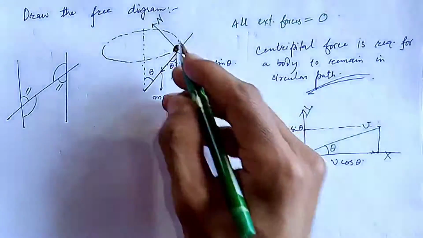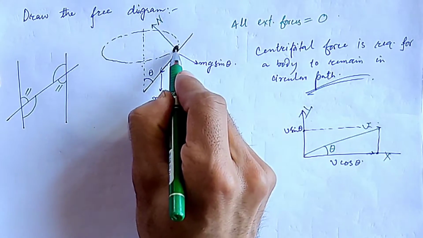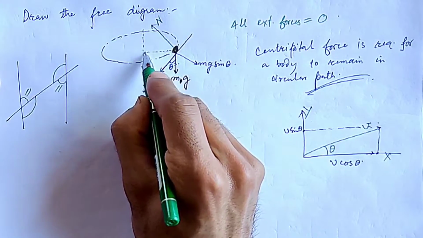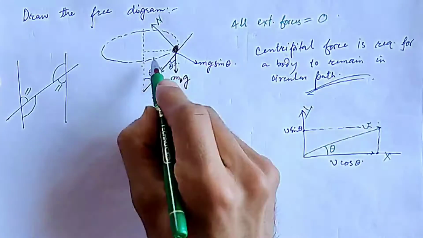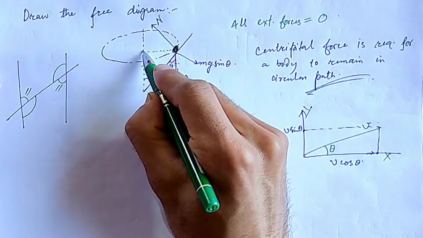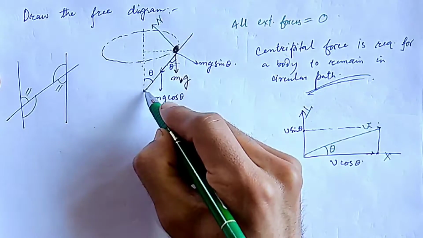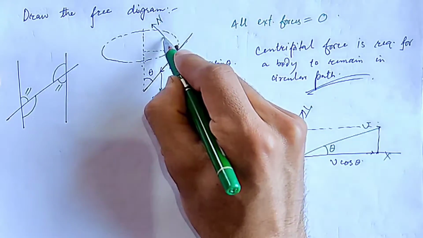Similarly for n, we draw the perpendicular upon this. So here the perpendicular on this is this line, and the perpendicular on this is this line.